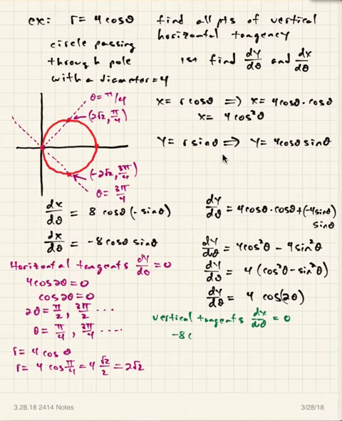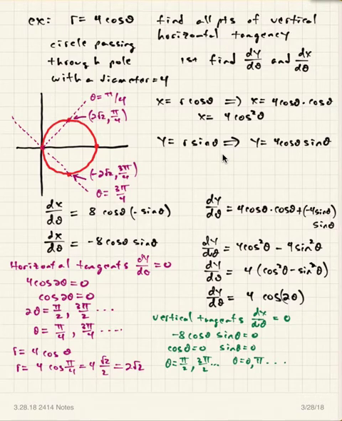So you have negative 8 cosine theta sine theta equal to 0, which gives you cosine of theta equal to 0 or sine of theta equal to 0. When cosine of theta is equal to 0, you get theta to be pi over 2 and 3 pi over 2, etc. And sine of theta is equal to 0 at 0 and at pi, and so on.